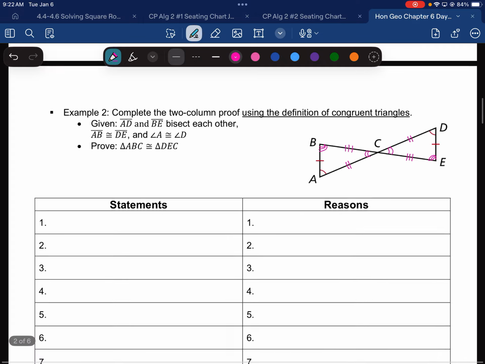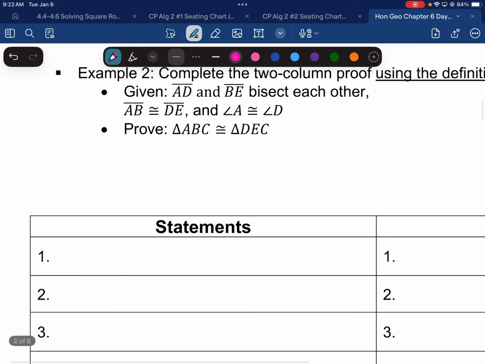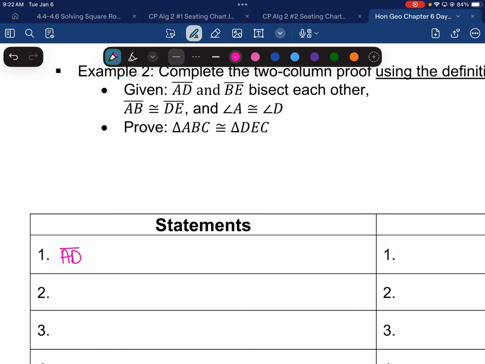Okay? Now, with this first piece of given information, you marked two pair of congruent segments, and I would put those in the same box because you're using the same reason.